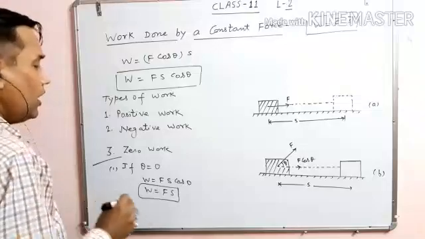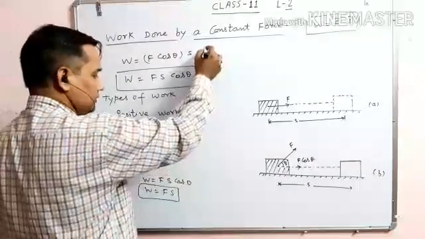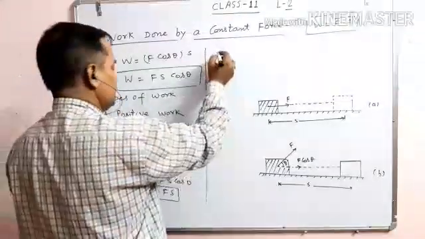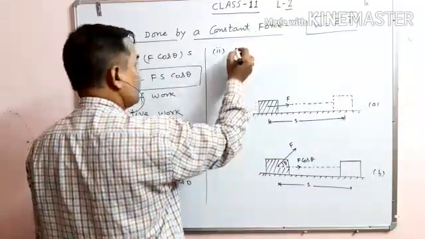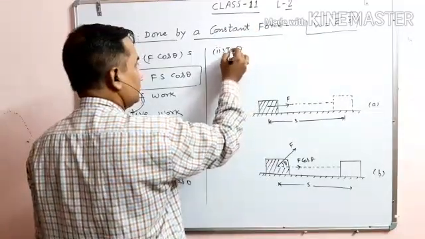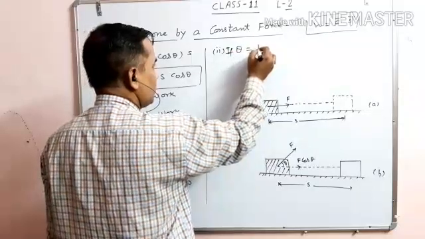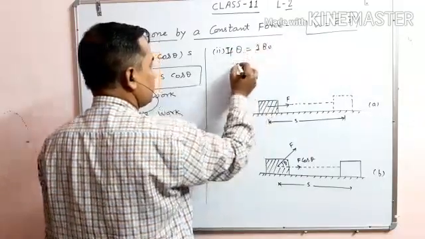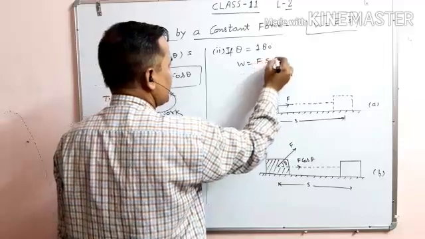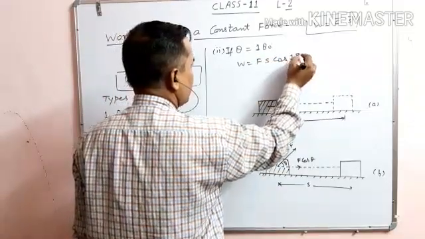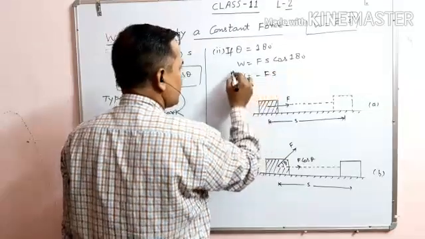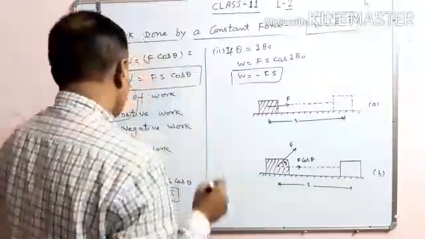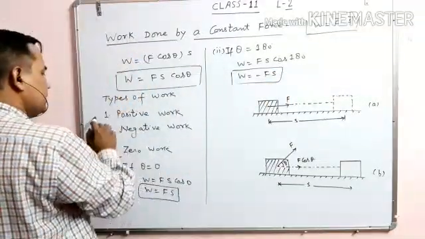Okay. And if theta is 180 degrees, work done is Fs cos 180 degrees, so work done becomes minus Fs. So you can see this is negative work done.